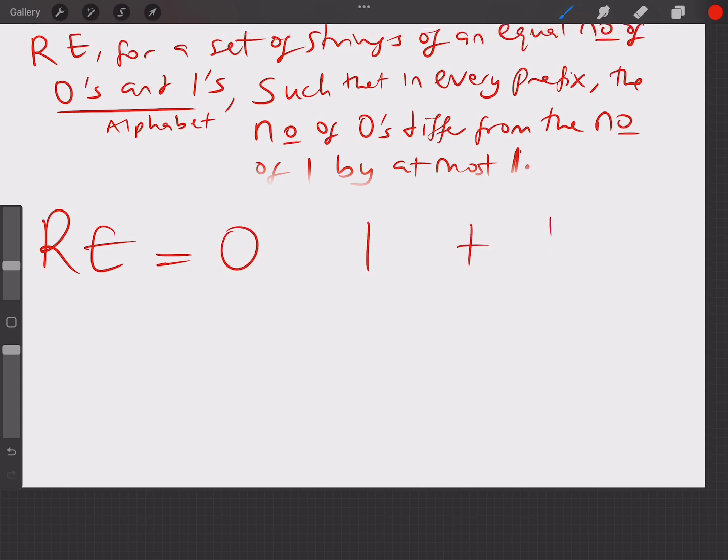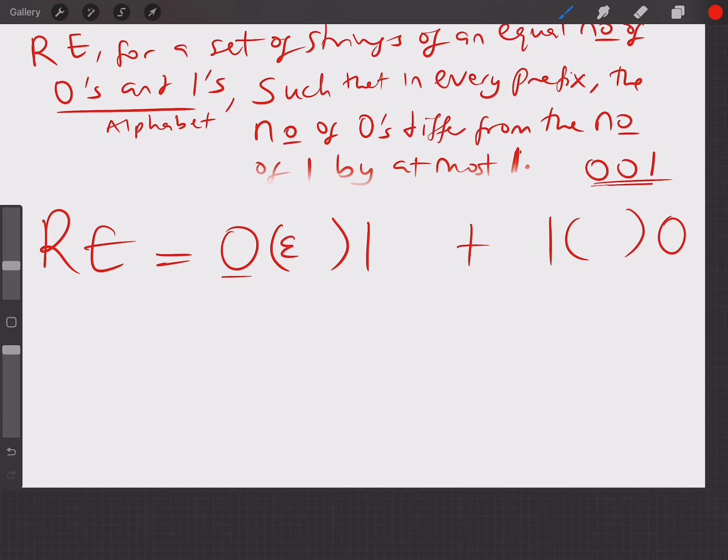Now how do we undo the in between? So what we're going to have is the concatenation in between these for the sake of multiple occurrences of zeros and ones, and we have a limit where we cannot exceed the difference of 0 and 1 by more than 1. So how do we fix this?